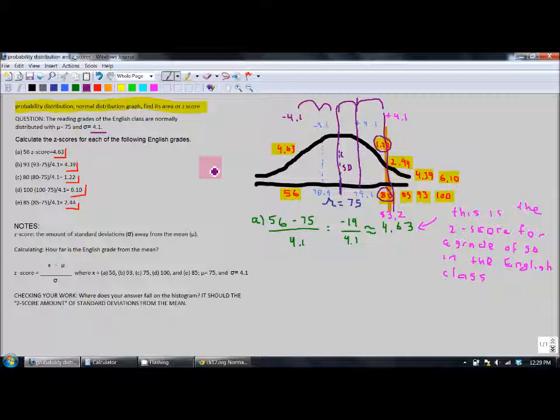So that's pretty much how I look at it. I mean, it's hard for some people, but I hope that helps someone. I hope it's an easy way of looking at z-scores and probability distribution on a normal curve.